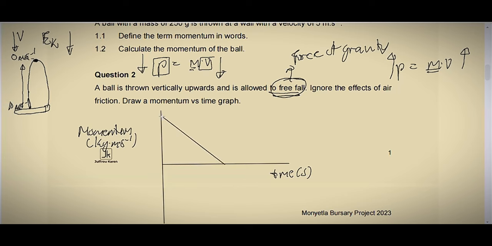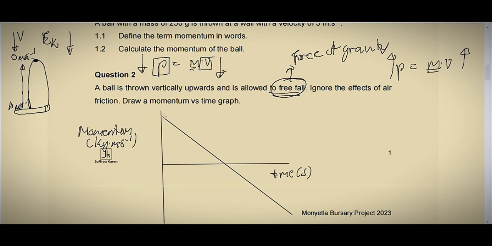And then after reaching that maximum height, the momentum of the ball increases again, right? But this time it's increasing in the negative direction since it's now coming back in the opposite direction. So it was thrown vertically upward, but after it reaches a maximum height, it comes back down. Hence, we see our graph is now crossing the x-axis and going to the negative direction, right?